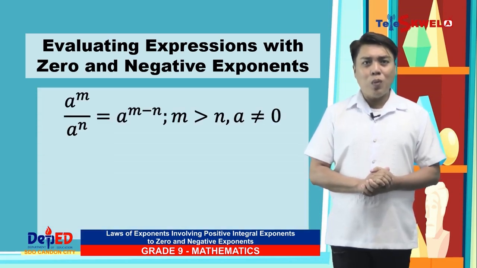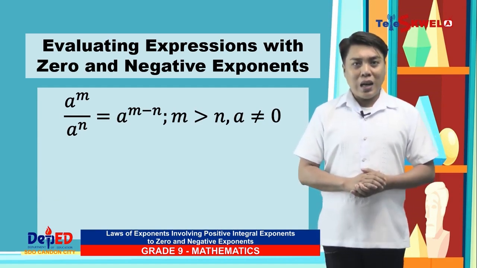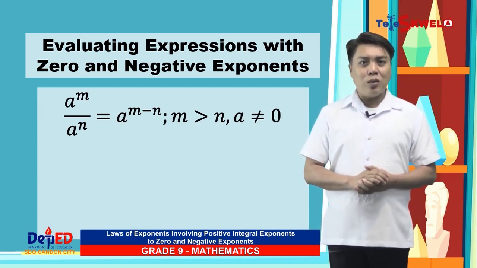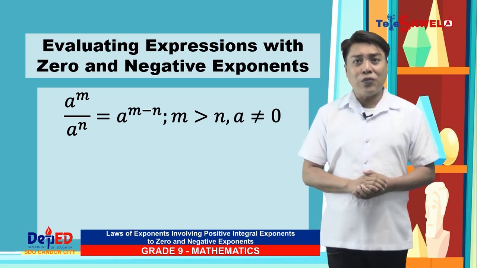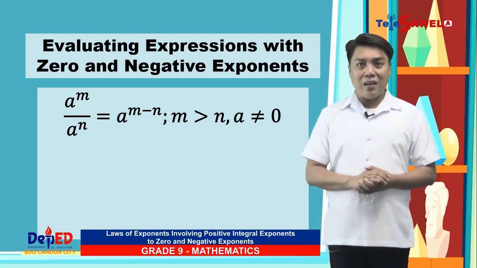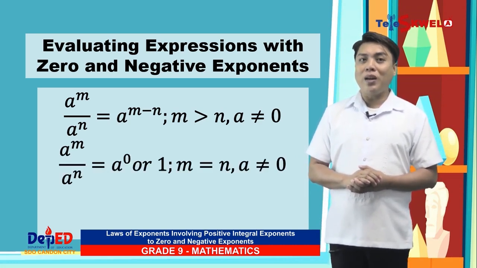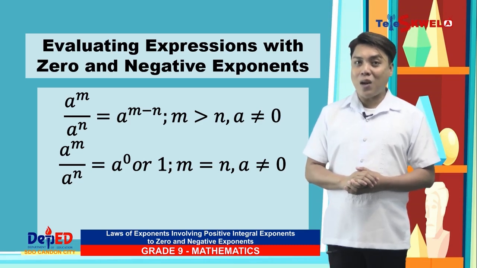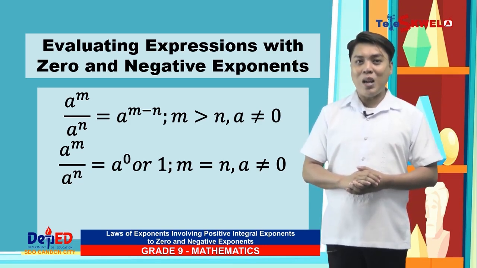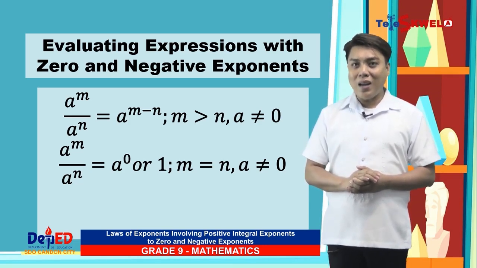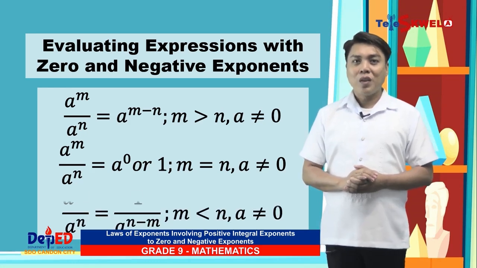A raised to m all over a raised to n is equal to a raised to m minus n, if m is greater than n and a is not equal to 0. A raised to m all over a raised to n is equal to a raised to 0, or 1, if m is equal to n and a is not equal to 0.